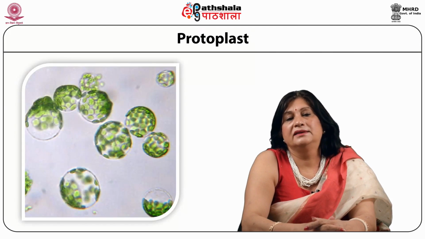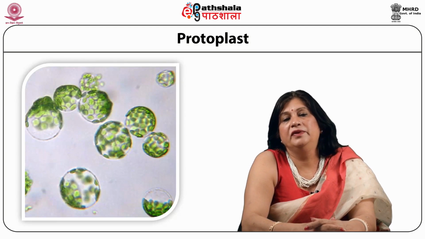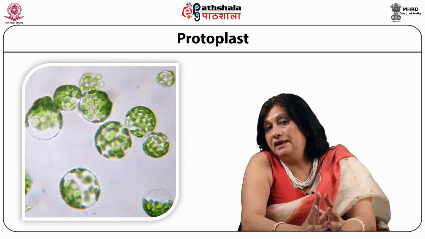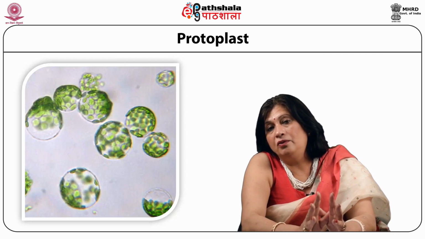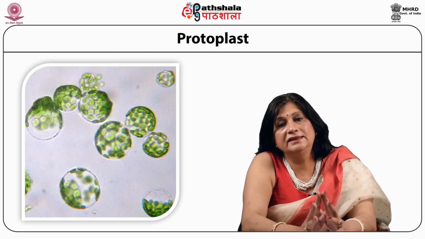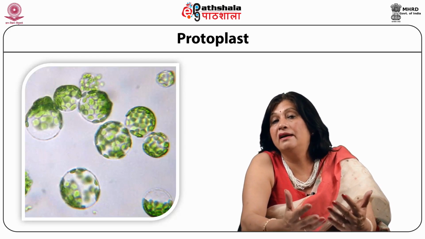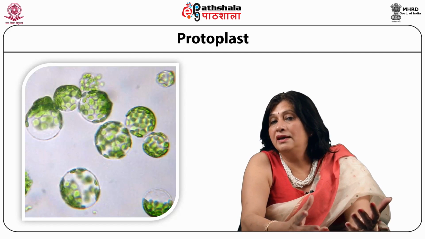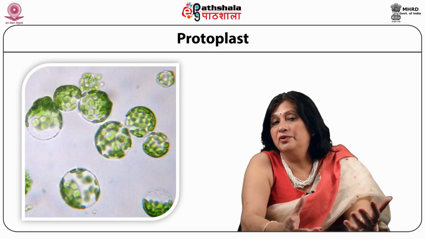Now, protoplasts are single cells with their cell walls removed, thus exposing the plasma lemma or the cell membrane. Plant cells have a very rigid cell wall, while animal cells lack cell walls. So therefore, protoplasts are restricted to the plant kingdom. Now, what kind of opportunities does it give you?